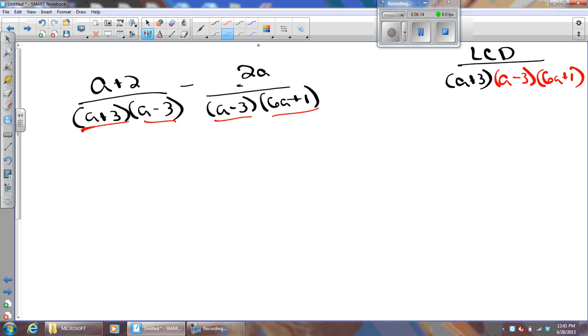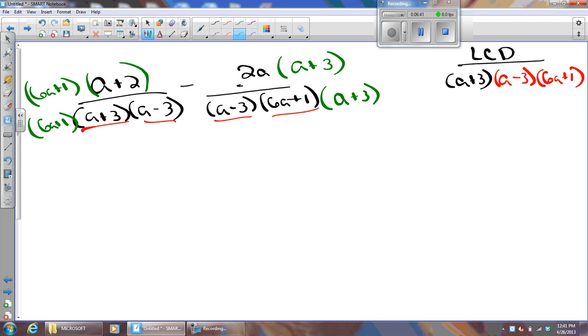I'm going to multiply each fraction by what the LCD is missing. So I'm going to multiply this guy by the 6a plus 1 in both the numerator and the denominator. And over here I'm going to be multiplying by a plus 3 in the numerator and denominator.